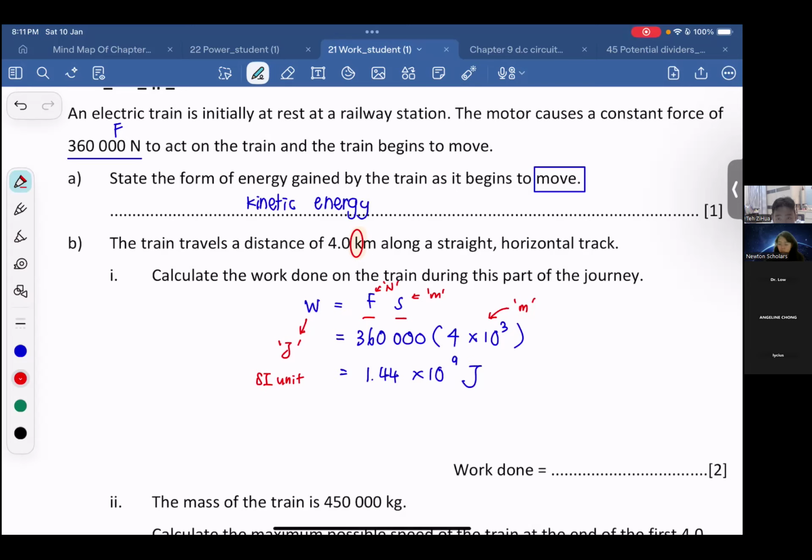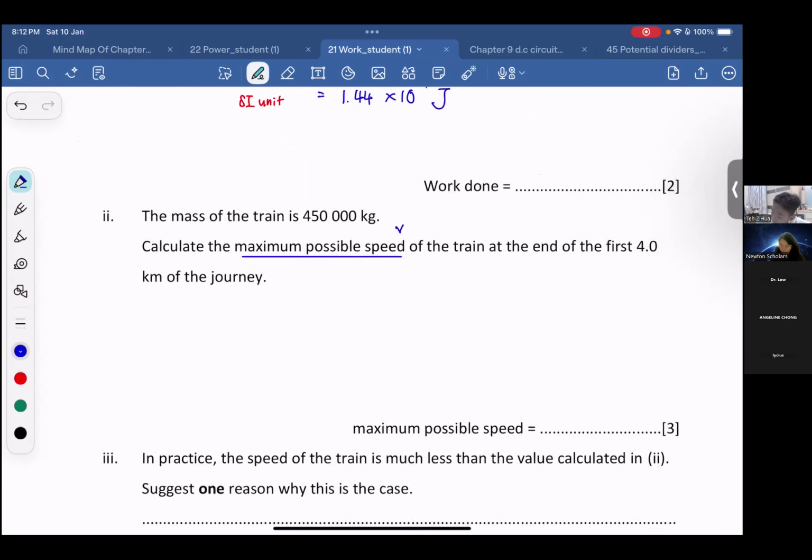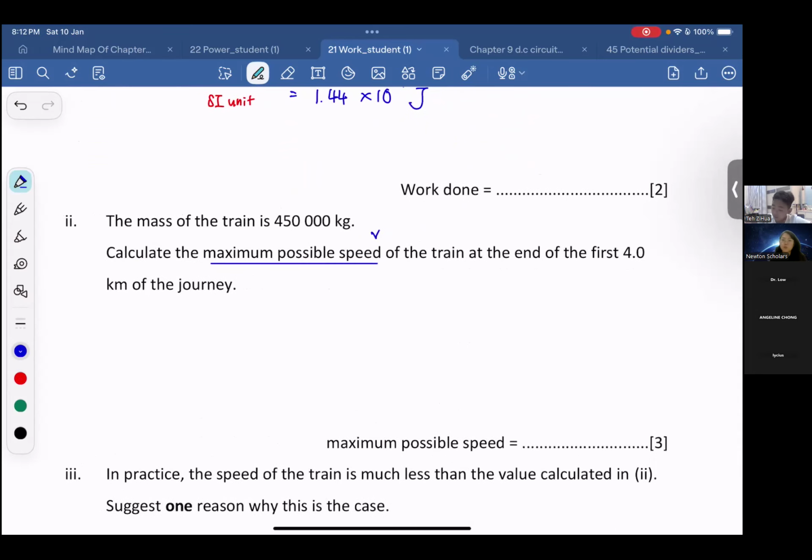Okay, dear, here: the mass of the train is 450,000 kg. Calculate the maximum possible speed v of the train at the end of the first 4 kilometer of the journey. After the 4 kilometer of the journey, what is the possible maximum speed? V. They are giving you m.